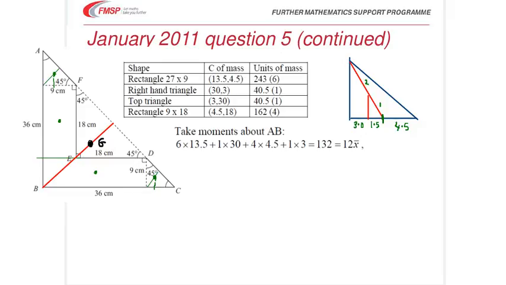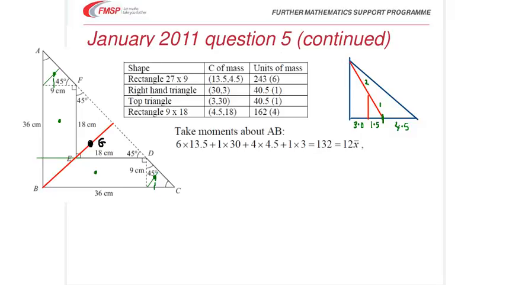Having done that, it's a simple matter now to take moments and say the total moment of the whole thing, mass of 12. They've simplified the masses by just looking at the mass ratios. It doesn't matter whether you do that or not, it just makes life easier if you do. So instead of going with 243 and 40.5, take 40.5 as the unit mass, divide by it, and then they become 1, 1, 6 and 4.